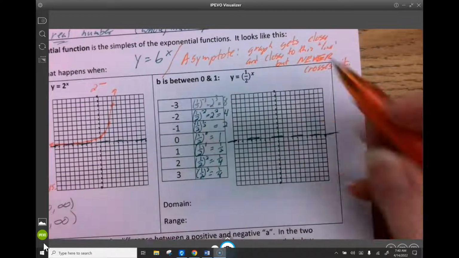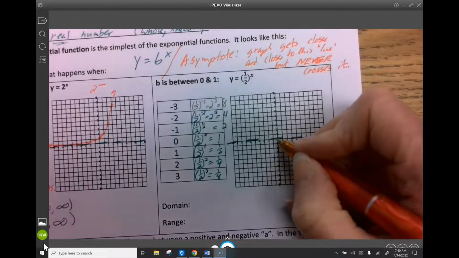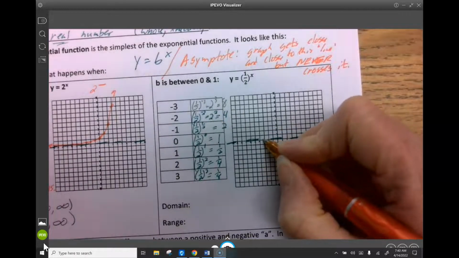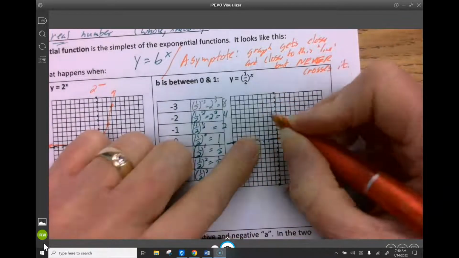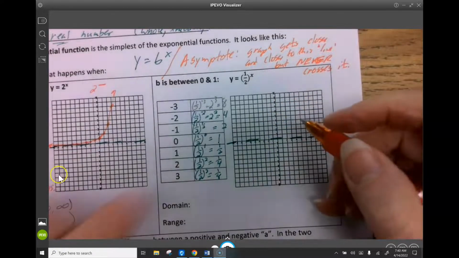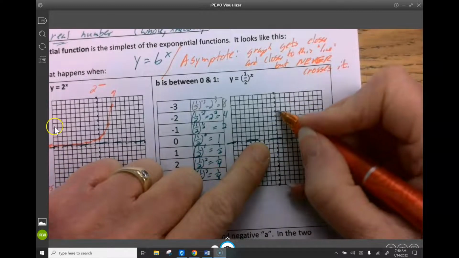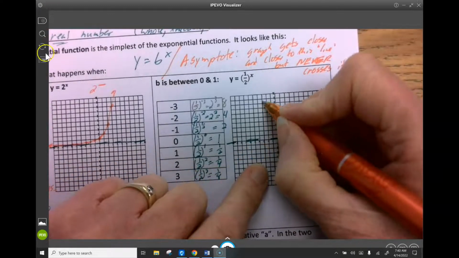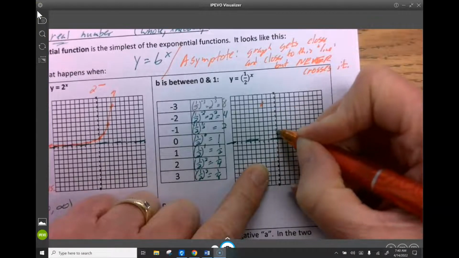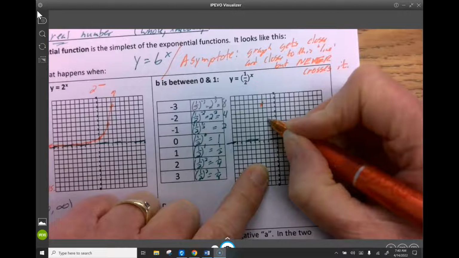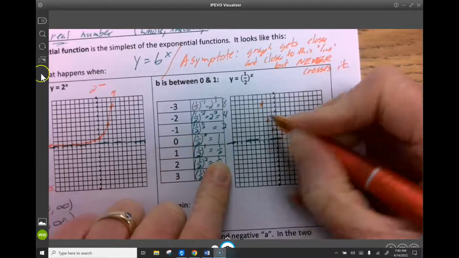So now we're going to plot this. So negative 3 and 8. Oh my gosh, this is tiny. Negative 3 and 8. Negative 2 and 4. Negative 1 and 2.